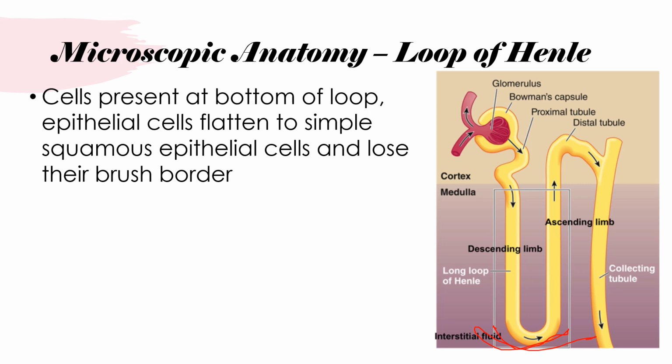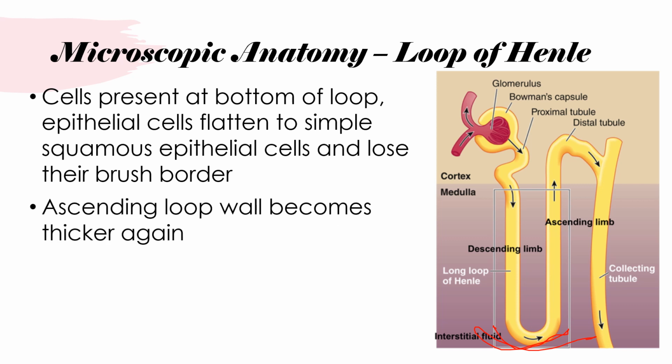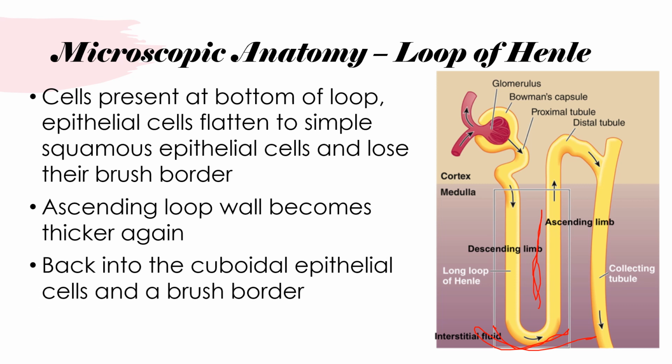Within the descending loop, there are the cuboidal cells. Once you get down to the turn, or the loop down there, those cells are now going to be simple squamous epithelial cells. They're not going to have a brush border. And then, once we go back up through the ascending, those cells become thicker again, and they're going back to cuboidal epithelial cells.